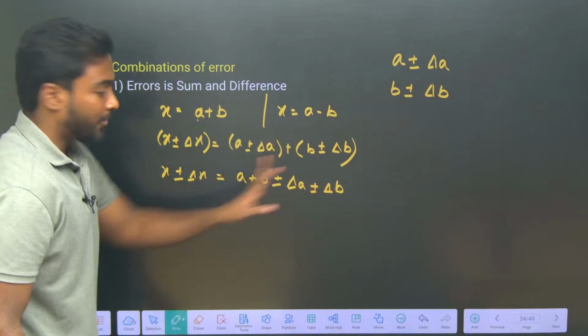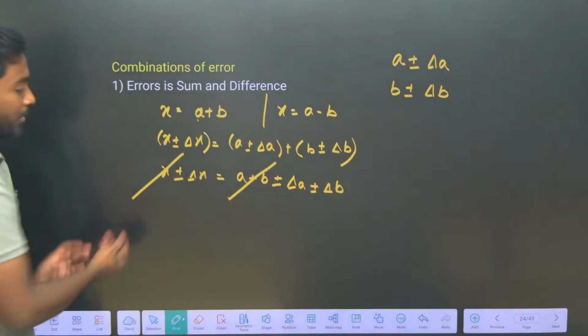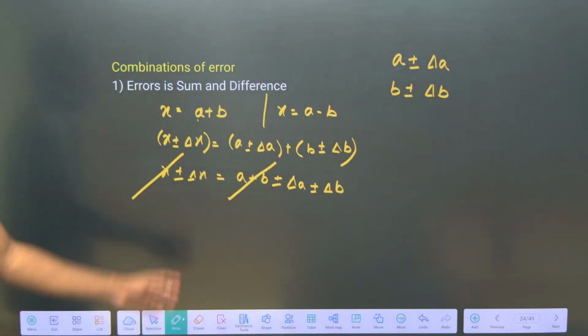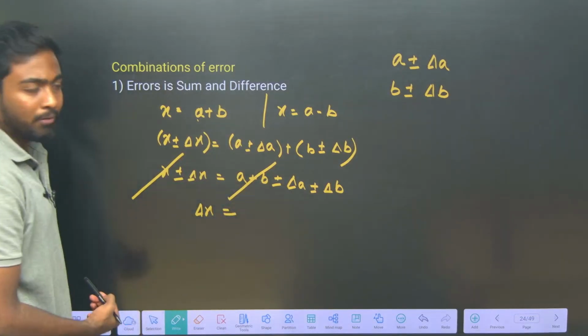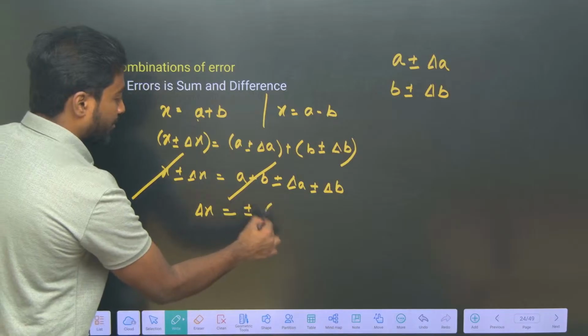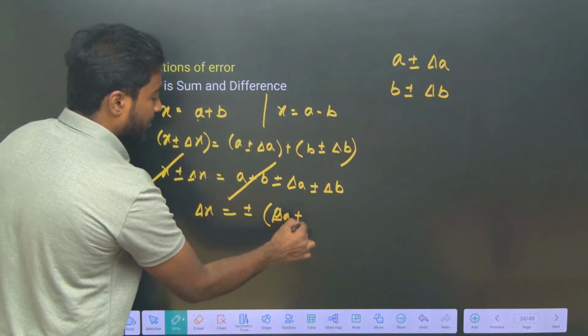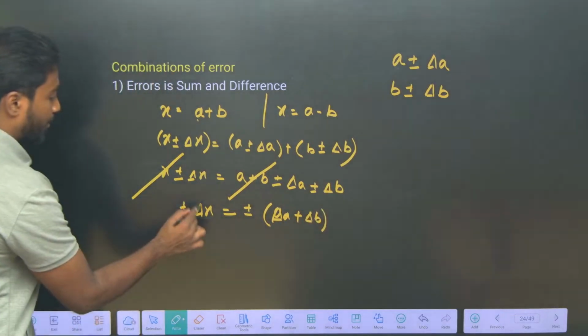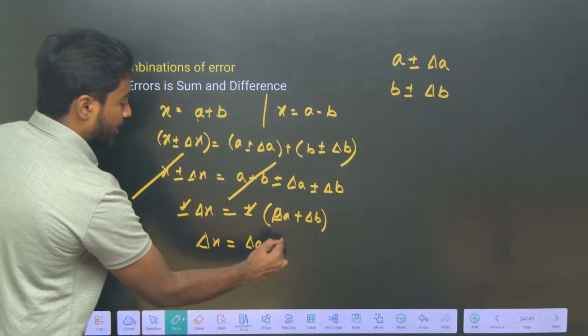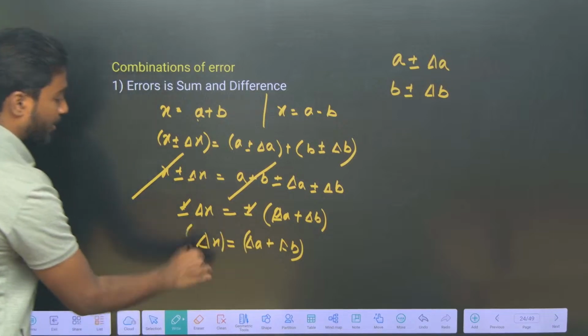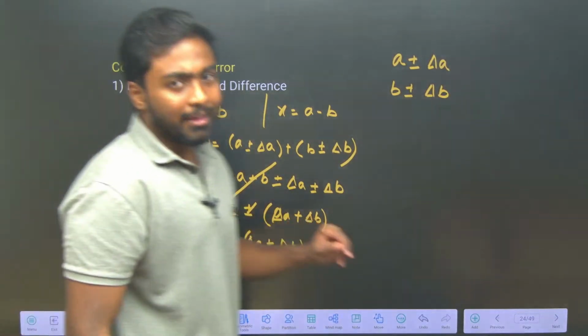Same thing I have written. Now, I can cancel this out easily. So, delta x will be equals to plus or minus delta a plus delta b. So, delta x will be equals to delta a plus delta b, that is the value for delta x.